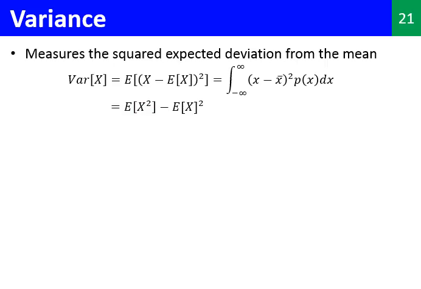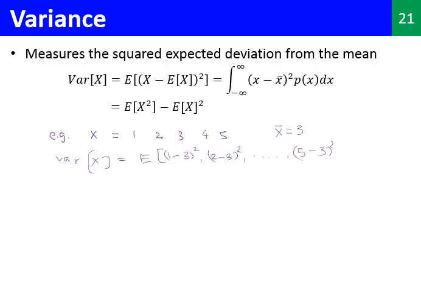So if we take a simple example, let's say we have a discrete random variable taking the values 1, 2, 3, 4, and 5, and earlier we had x bar equals 3 for this one, and the variance is going to be the expectation of 1 minus the mean squared, 2 minus mean squared, and finally we have 5 minus mean squared. Okay, and this will give us the answer 2.